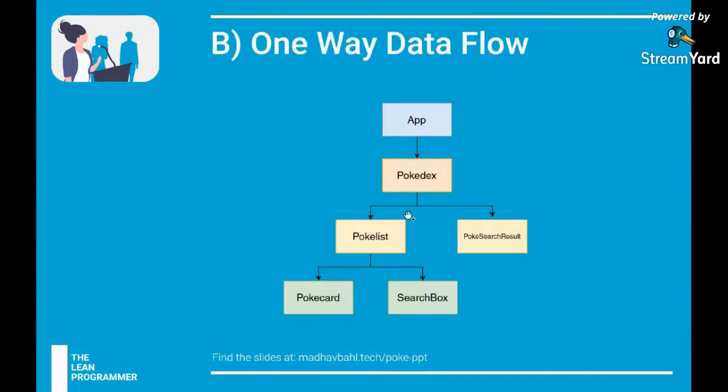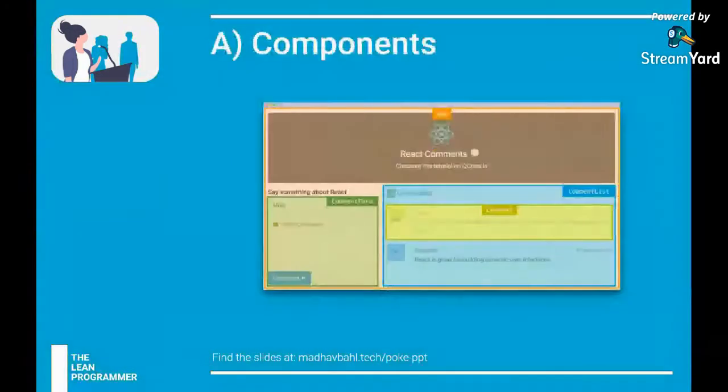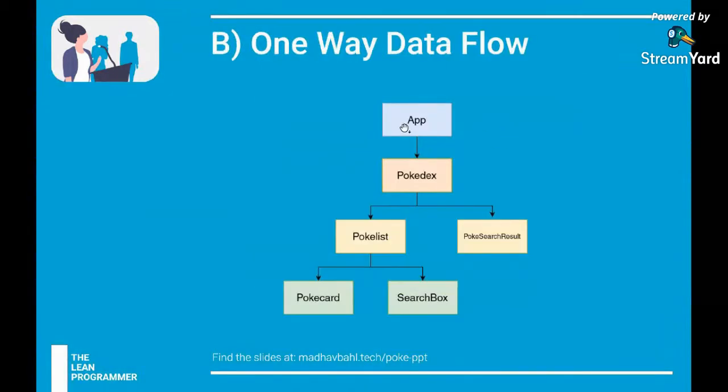And props are used for communication between components. So basically, let's say this app component we have here, and Pokedex is another component. Let's say we have to pass some data from the app component to the Pokedex component. We will do this through props. So using props, we can pass on the data to our child elements, from parent element to child element.